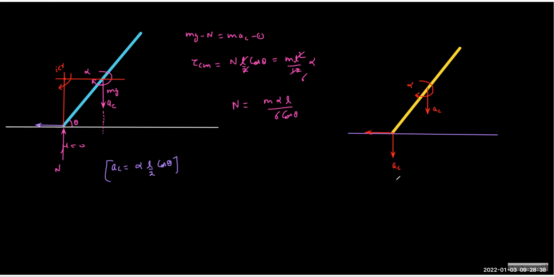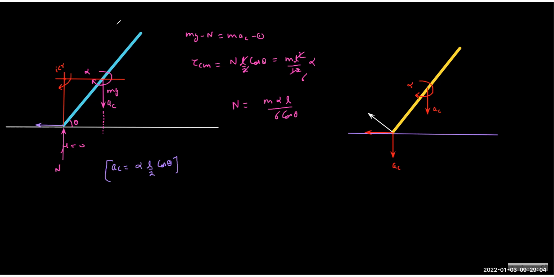If a_c is the acceleration of the center of mass, then this is the acceleration for every other point. But apart from this, in the frame of the center of mass, you can also see one extra acceleration. And what is that? In the CM frame, it is always having the acceleration which is centrifugal.